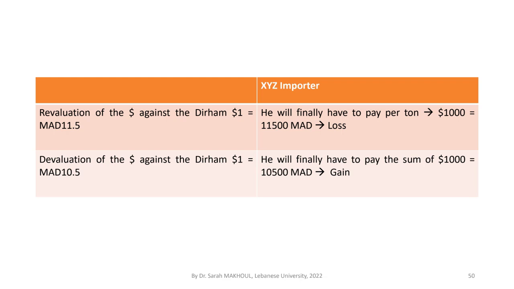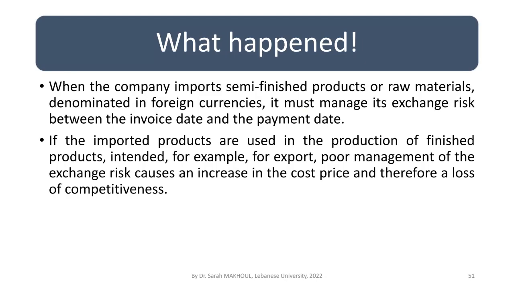I hope this example is clear. If you have any questions, feel free to raise your hand, and I will re-explain it if anything is not clear. So what actually happened among those two companies, the Moroccan one and the American one?